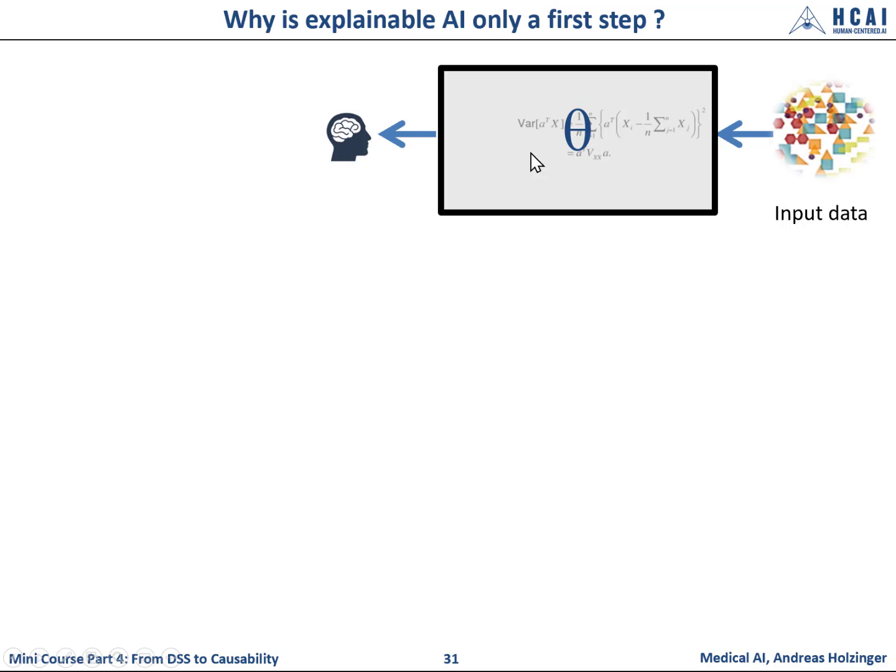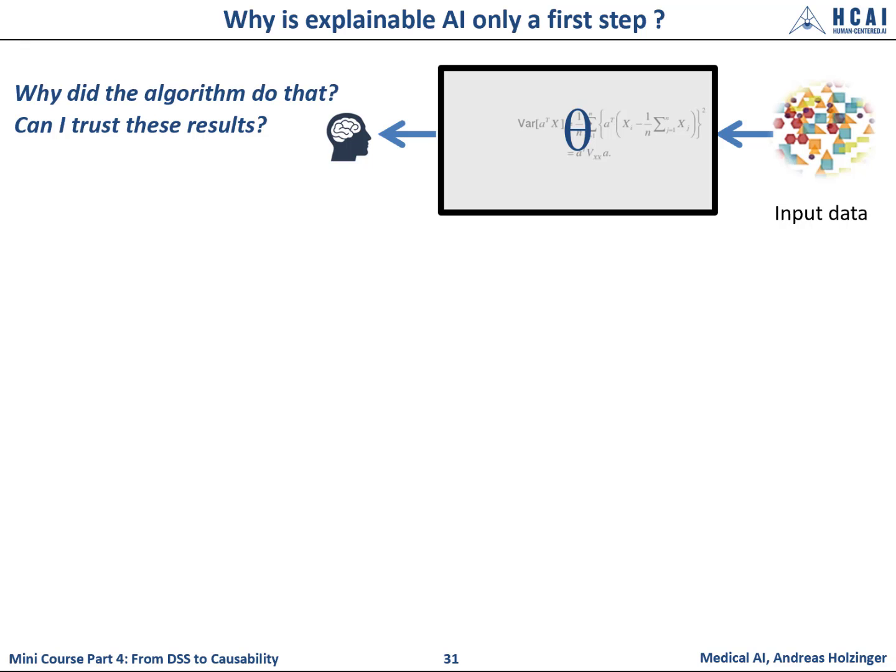Of course, we would like to use glass box methods, but as a matter of fact, currently the best performing methods in medical AI are of black box nature. And although people like Cynthia Rudin are asking to stop doing explainable AI, if we want to use these successful methods, then we have to do it. I could also simply say stop driving petrol-driven vehicles worldwide. So it is possible, but unlikely.